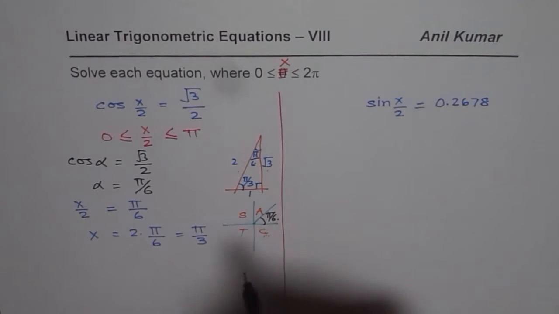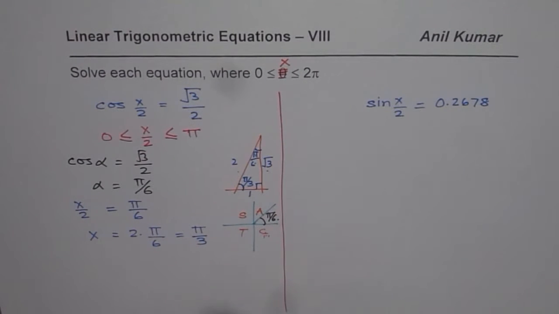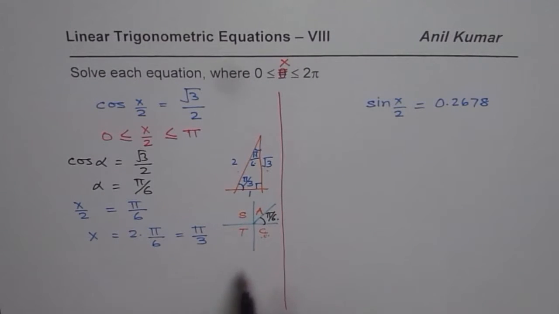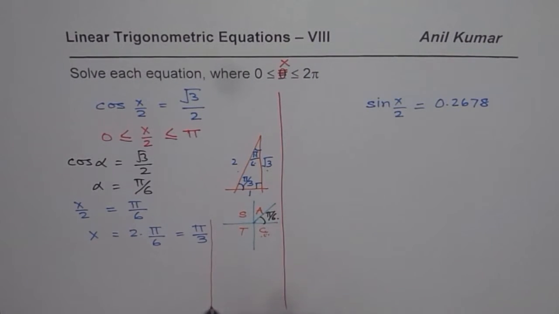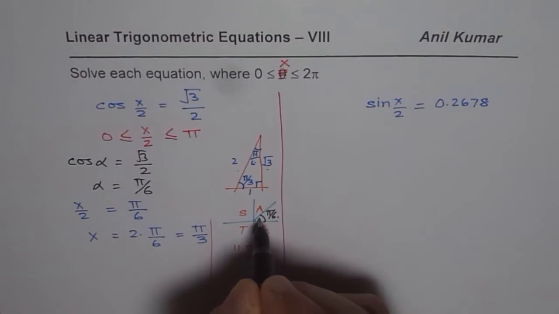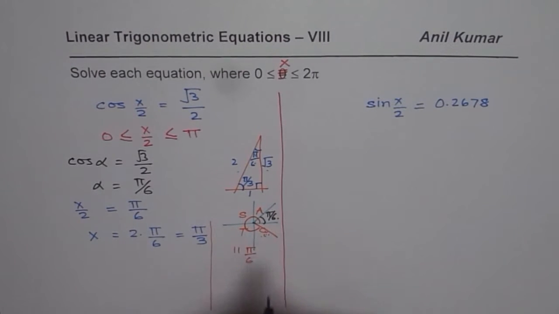Now think about it. If I would have included this answer, which is 2 pi minus pi by 6, or it is 11 pi by 6, in that case, think like this. Let me do it on the side. If I include the angle 11 pi by 6, which will be kind of like this, do you understand?